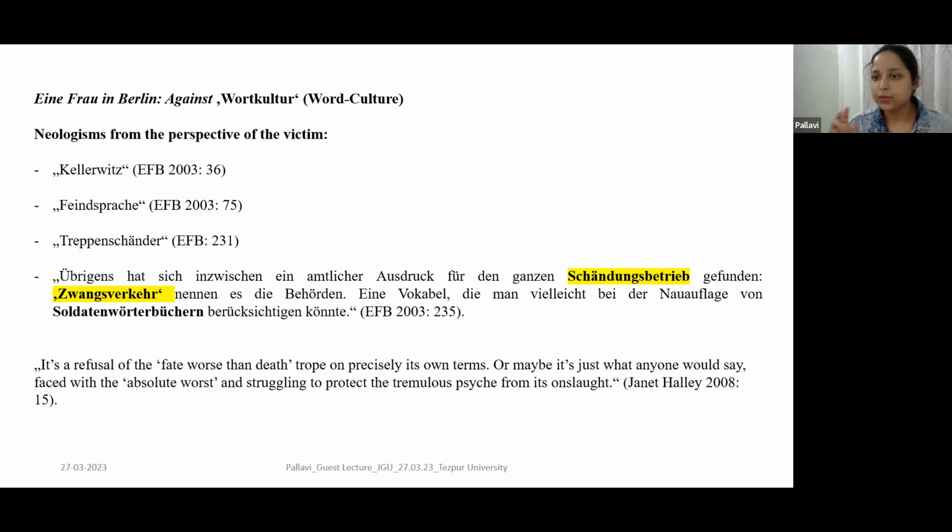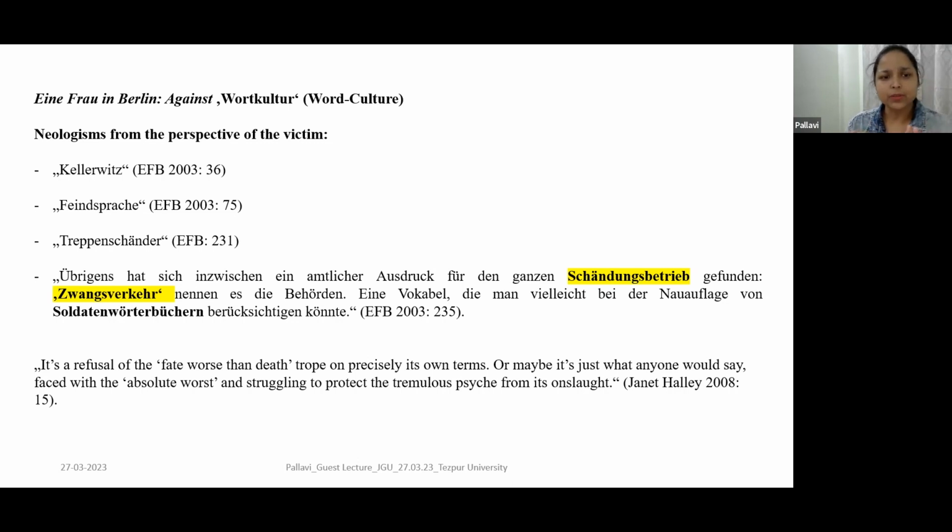So she uses not the word perpetrator or any German translation of it, but she coins a particular word. Treppen means stairs, and Schänder, the perpetrator, is connected in her memory as Treppenschänder.